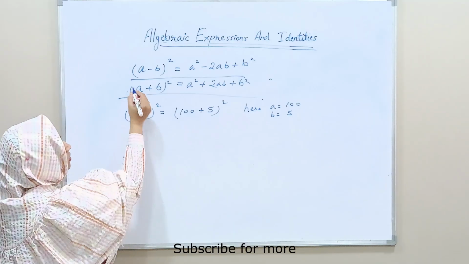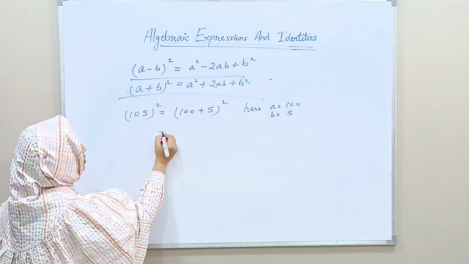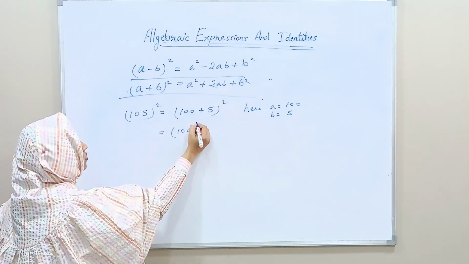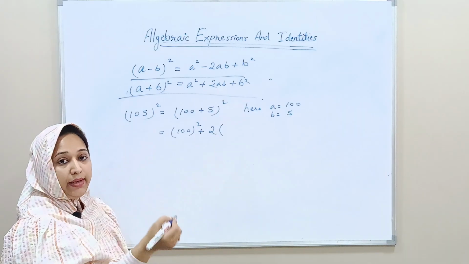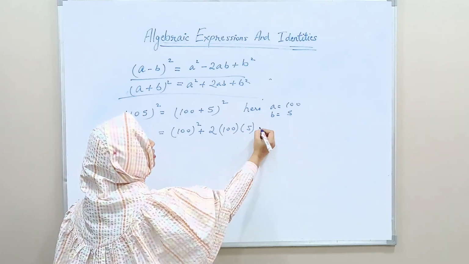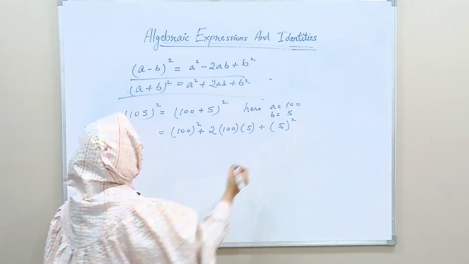Putting the values in the first standard identity, this is equal to a² + 2 into a into b, here a is 100, b is 5, plus b square, that is 5 square.